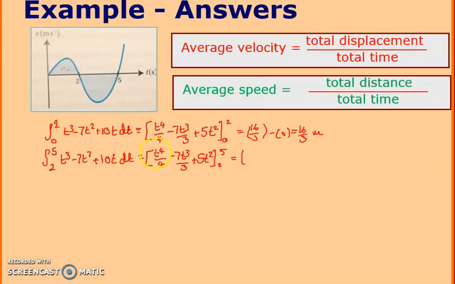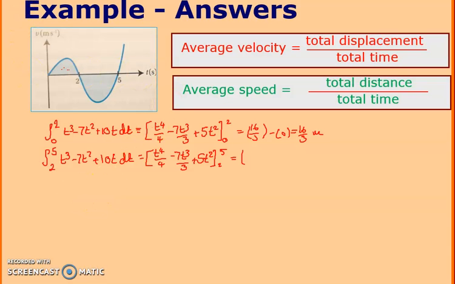I get 5 to the power of 4 divided by 4, minus 7 thirds of 5 cubed, plus 5 times 5 squared. And I get the same answer as before.